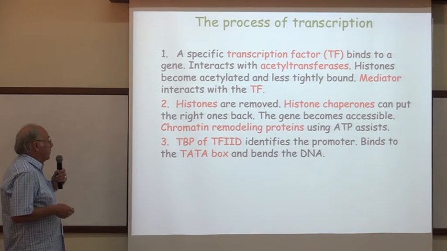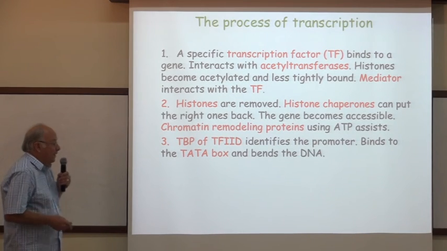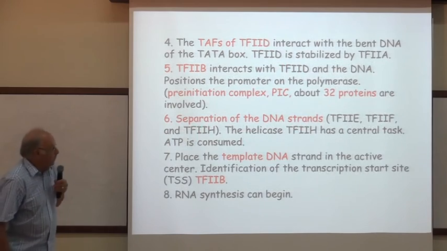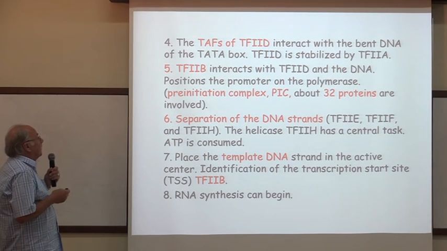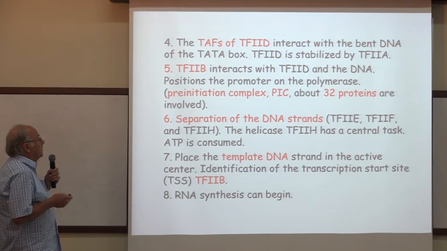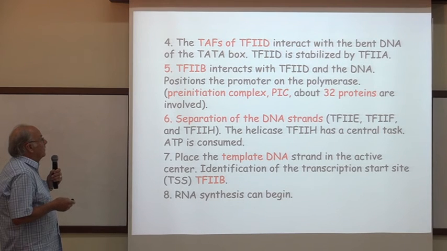The TATA box binding protein of TF2D identifies the promoter and binds to the TATA box and bends the DNA, as I have shown you. And then the TAFs of TF2D may have to interact with the bent DNA of the TATA box, and TF2D is stabilized further by TF2A.